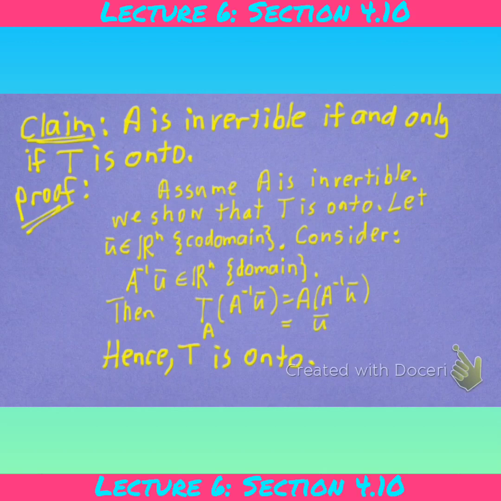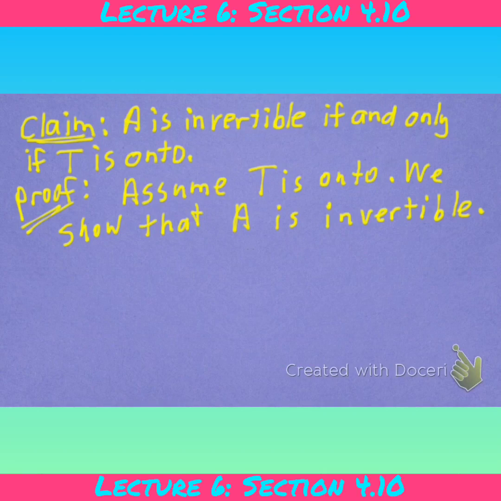Now we need to prove that if T is onto, then A is invertible. So assume T is onto, and we show that A is invertible. To show that A is invertible, we're going to use the equivalence theorem. So I'm going to take a vector B in Rn, which is the codomain.